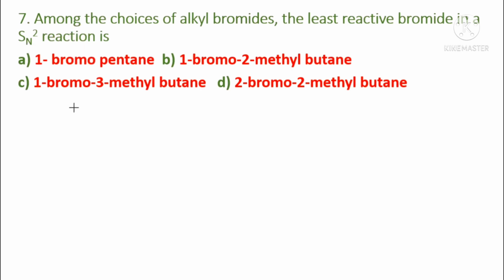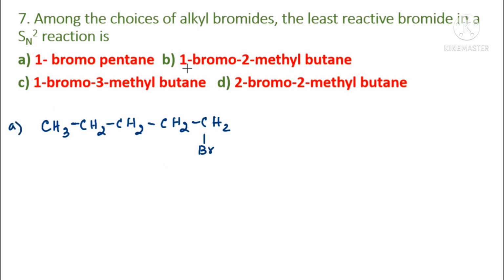Okay, so the first compound is a pentane, so CH3, CH2, CH2, CH2, and CH2 is one bromo, so we should write bromine in the first carbon.